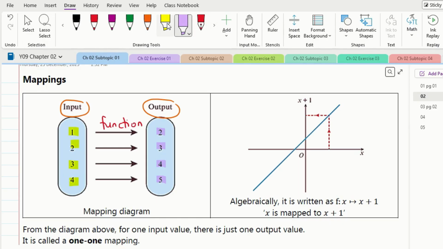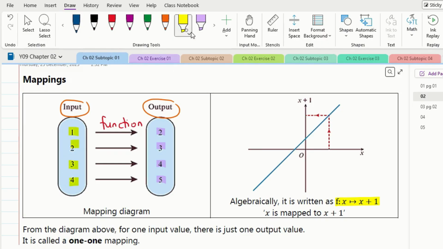A kind of example function is, for example, f(x), where x is mapped to x plus 1. If you try to plot a graph based on the values, you will have this diagram or graph.